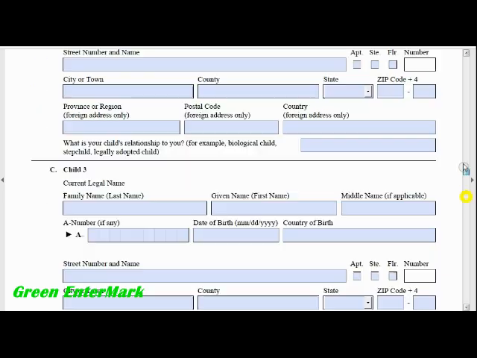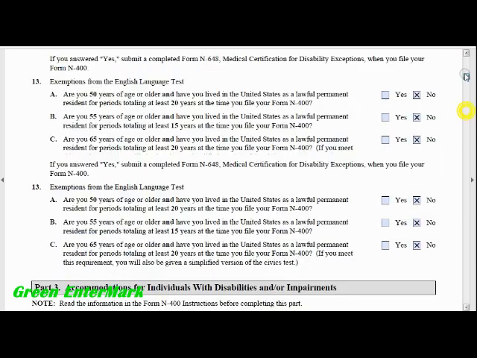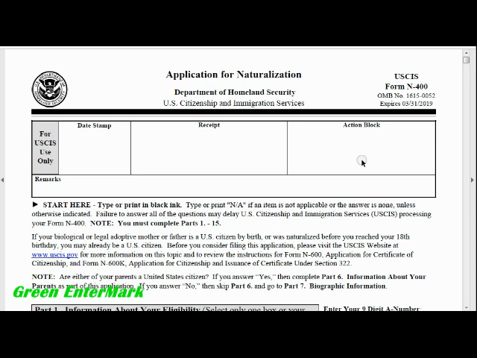So this is very simple and easy. Just read it and give the answers. Also, if you provide any information, you have to provide the proof.